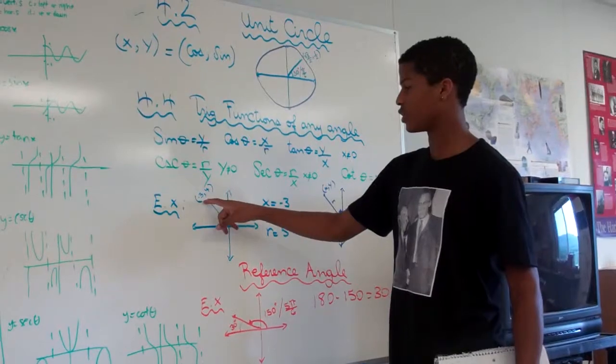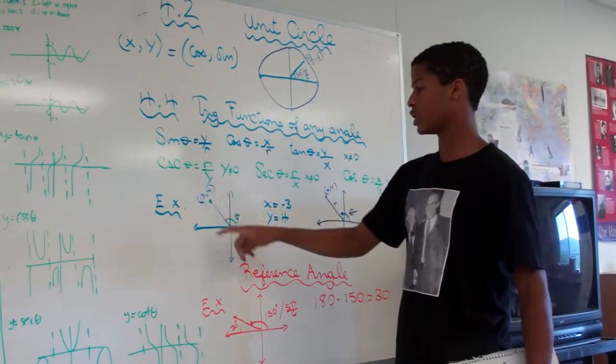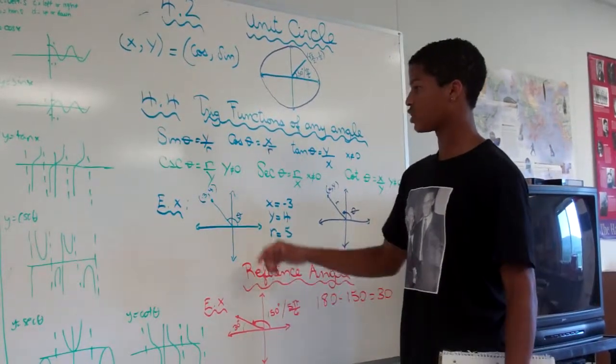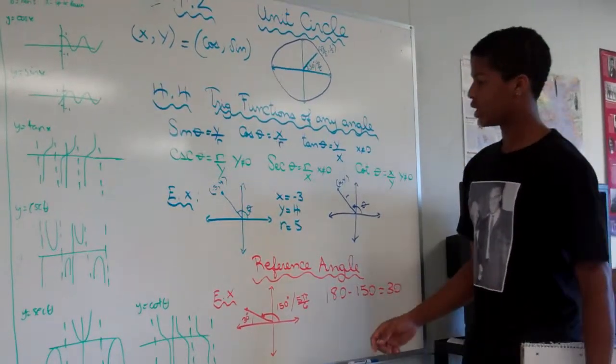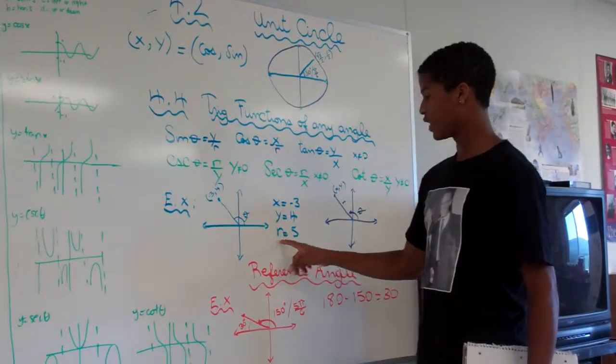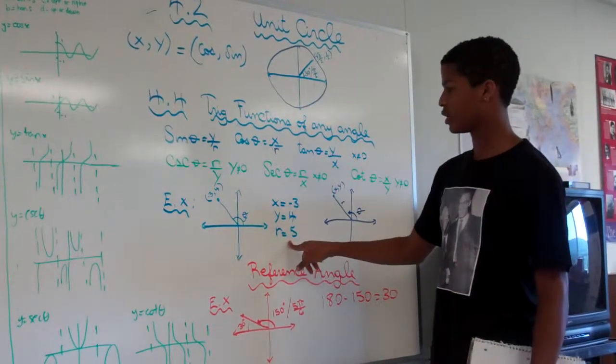So if they give you the point -3 and 4, and then they ask you to find any of these 6 trig functions, we find r by using the Pythagorean theorem.